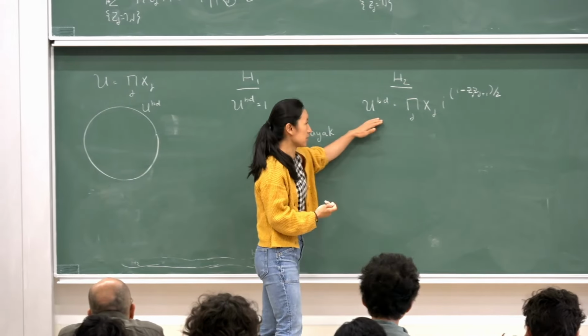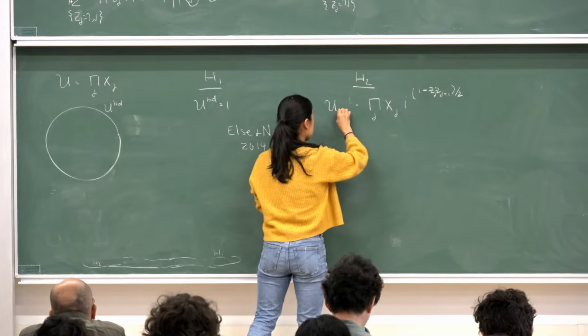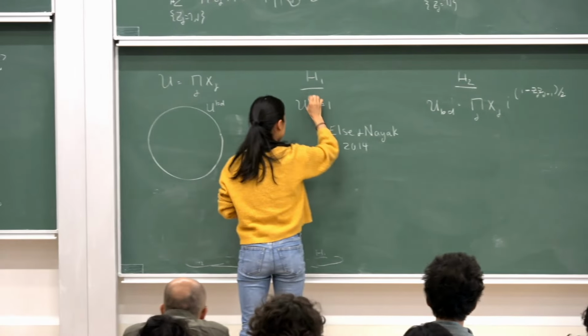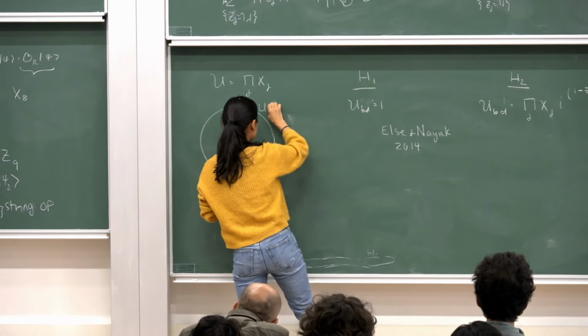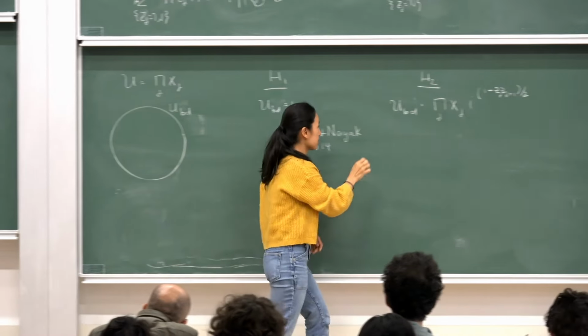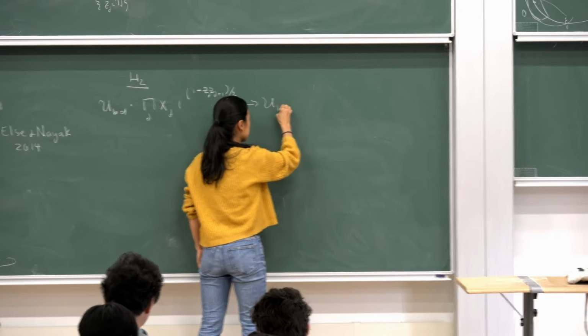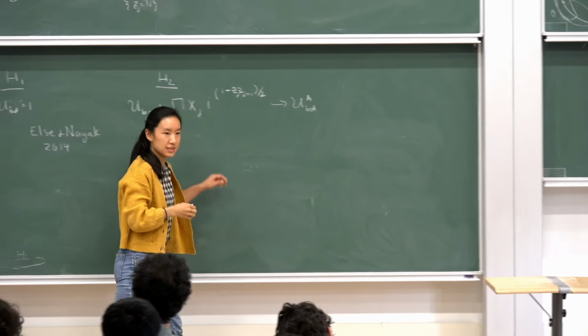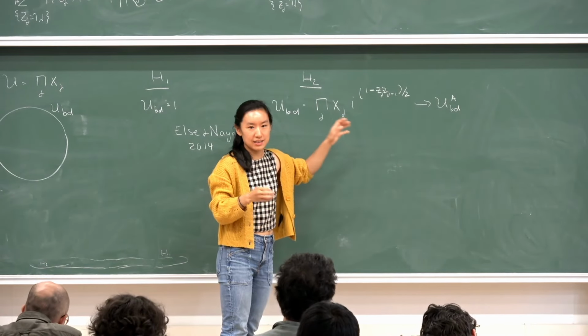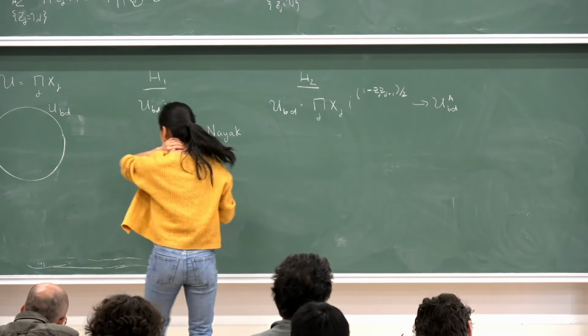But now you can consider the restriction. Maybe I should put boundary lower. But now you can consider the restriction of U boundary to region A. So you just include all of the terms in this that are supported in region A, where A is some interval.